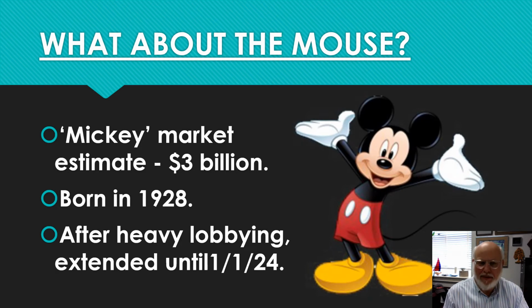Basically, these copyrights are very valuable. The Disney empire is built on that mouse, and the ownership and protection of that copyright has been very important to the corporation since Mickey was first drawn in 1928, and losing it is going to be a significant thing. Of course, the law could change again after that.